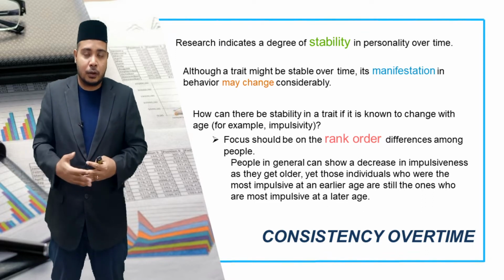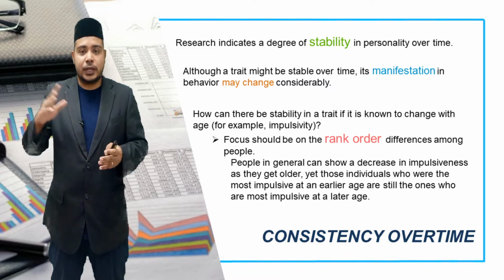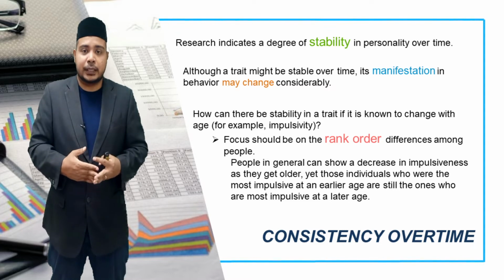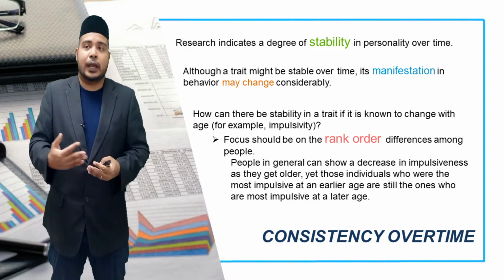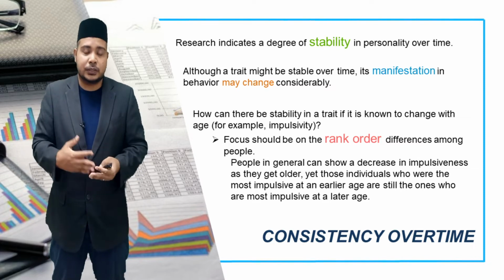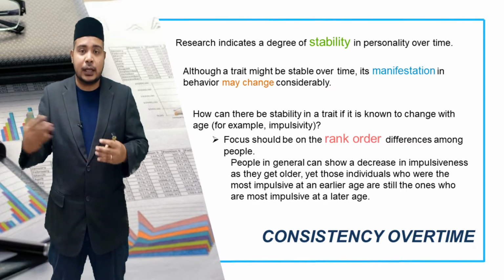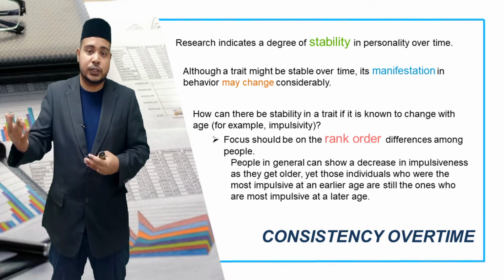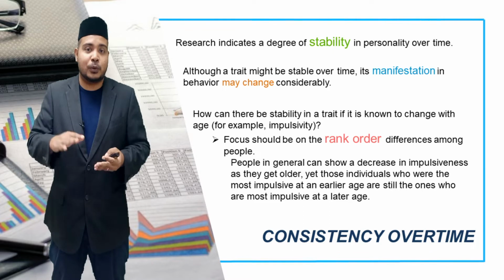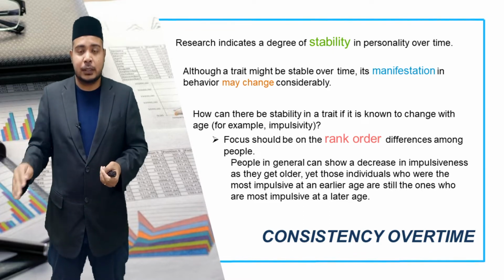When they reach 25 years old, 10 years later, person A may be able to control his frustration, so his score goes from 90 to 60. So accordingly, they're supposed to be more or less similar to person B.